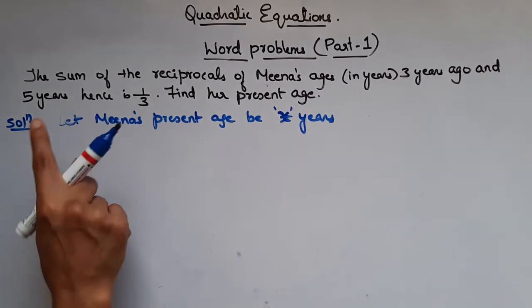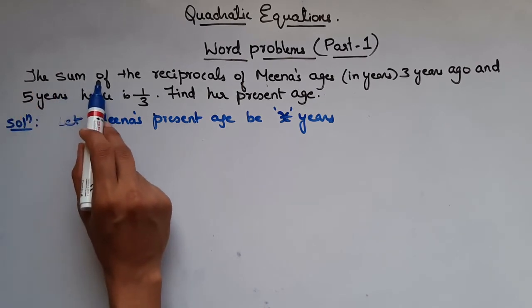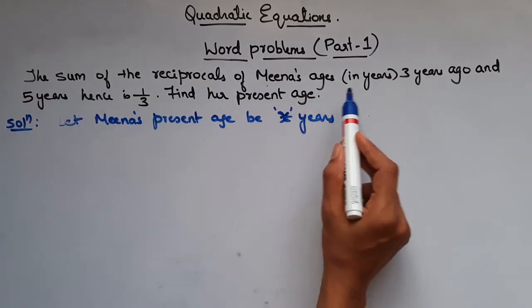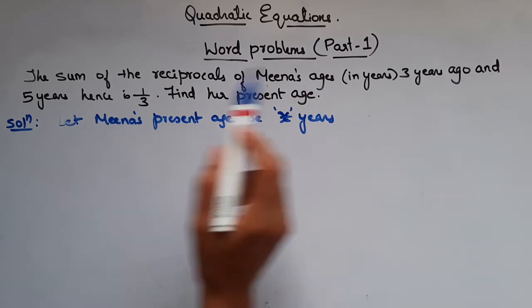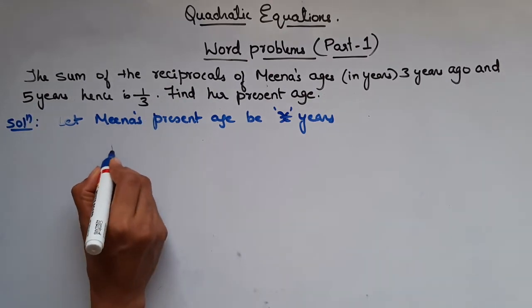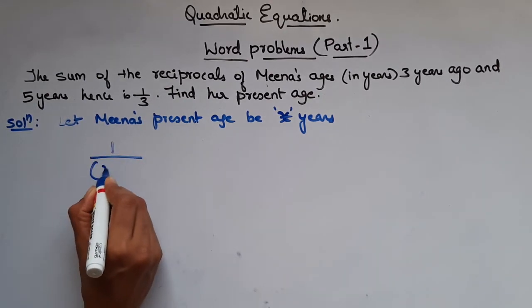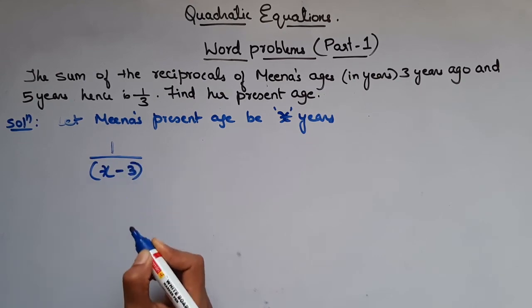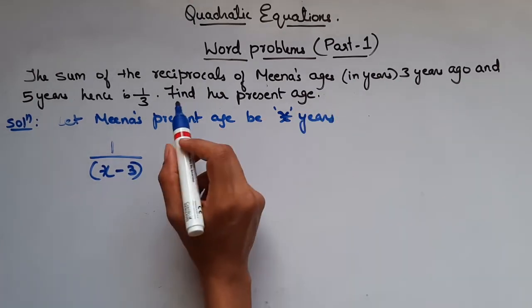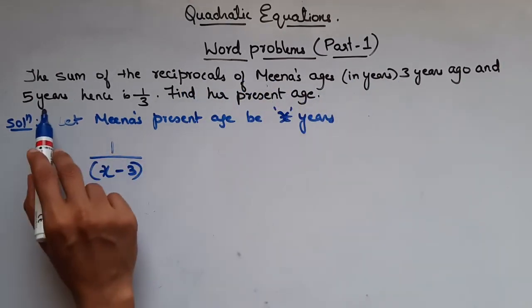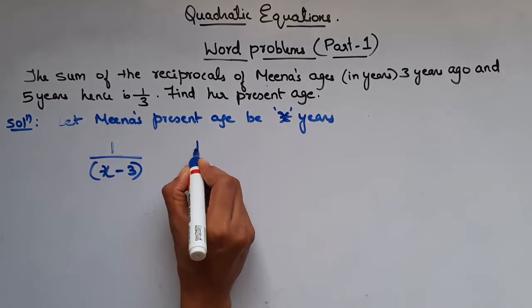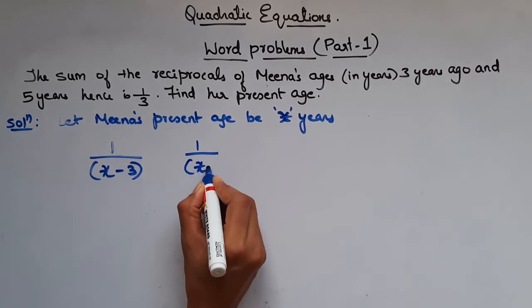Alright. So here it says sum of the reciprocals of Meena's age 3 years ago and 5 years hence. So reciprocal of Meena's age 3 years ago, that is 1 by x minus 3, and we have reciprocal of Meena's age 5 years hence, that is 1 by x plus 5.